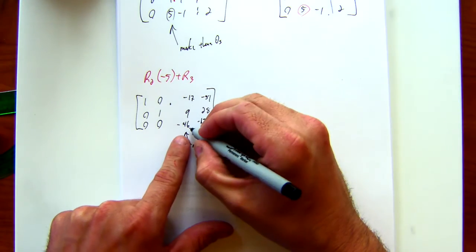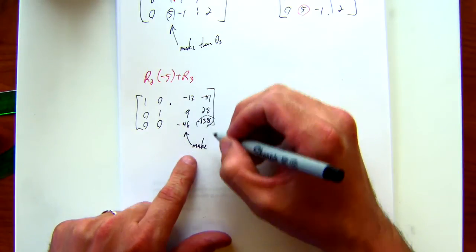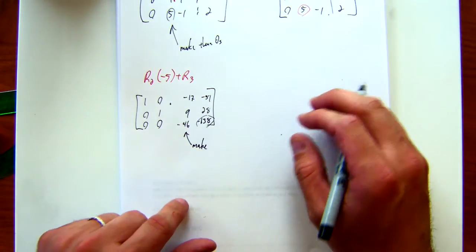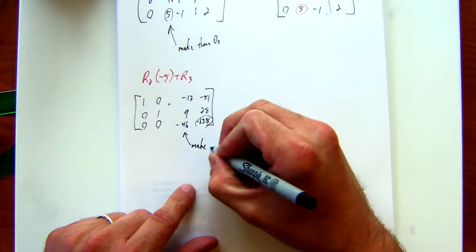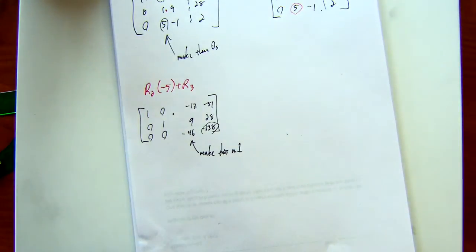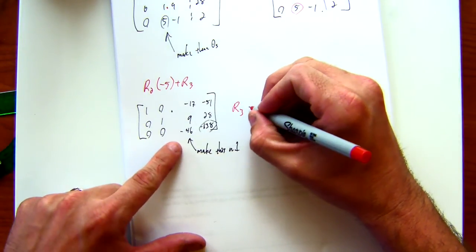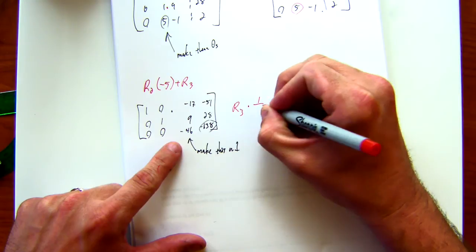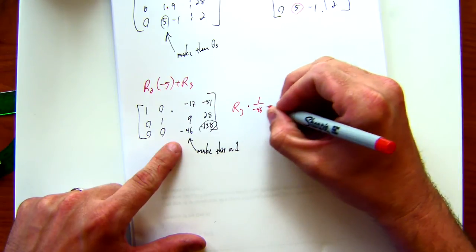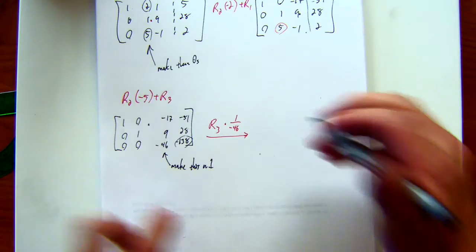And I guess if we divide by negative 46, my bet is that negative 138 divided by negative 46 is an even number. Make this a 1. So what's the operation that we're doing? Row 3 times 1 over a negative 46. Oh yeah, you could. Division is the same thing as multiplication.